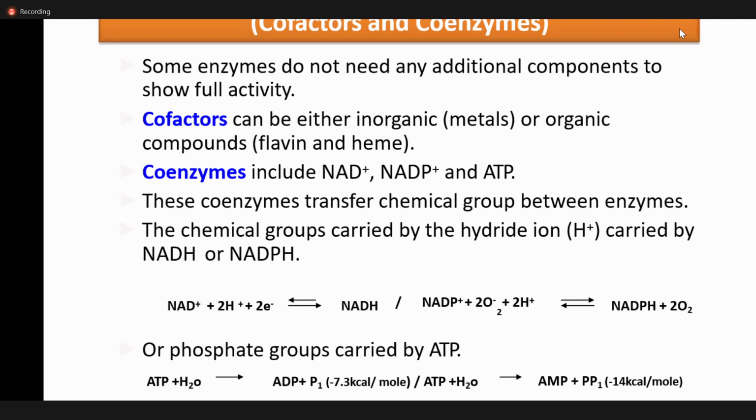But others need cofactors, which can be either inorganic or organic compounds, such as flavonone or heme-containing metals, or the metal iron, and coenzymes like adenine dinucleotide and adenosine triphosphate, along with hydrated ions, hydroxyl ions and water molecules.